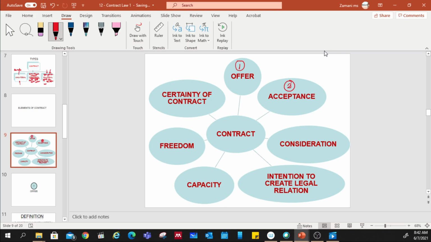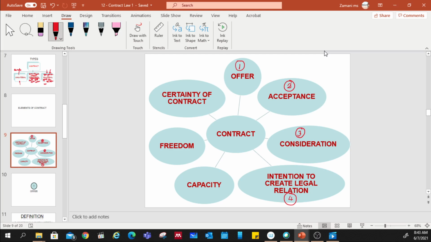The third is consideration on the offer for the contract. The fourth is the intention to create legal relations, which is about the legal side: if anything happens, what you should do.